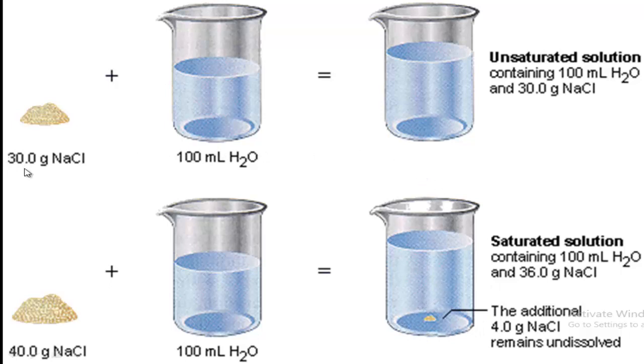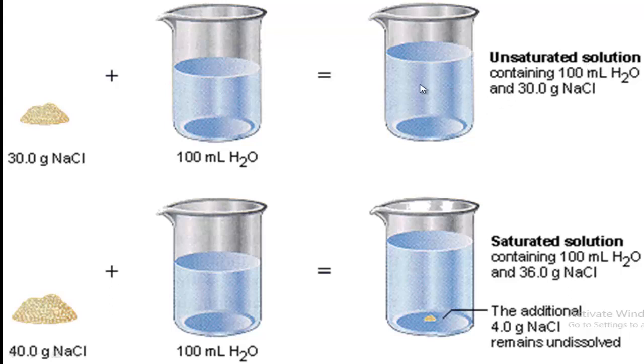But if we add 30 gram sodium chloride salt in 100 ml water at room temperature, then what will happen? Then it completely dissolves in the solution, because only 30 gram is added, and it can still dissolve 6 gram more. So this solution is called an unsaturated solution.